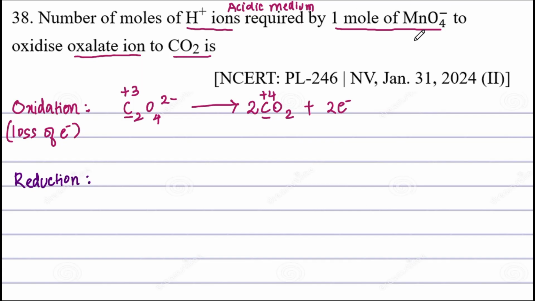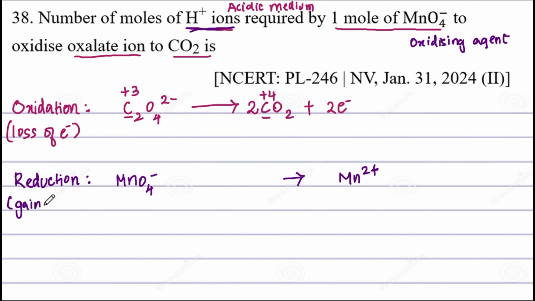Now we will write the reduction half reaction. Here MnO4 minus acts as the oxidizing agent, so itself it will undergo reduction. And also it is mentioned that the reaction takes place in acidic medium. So MnO4 minus is converted to Mn2 plus in acidic medium. What is reduction? Reduction is gain of electron. How many electrons are gained?